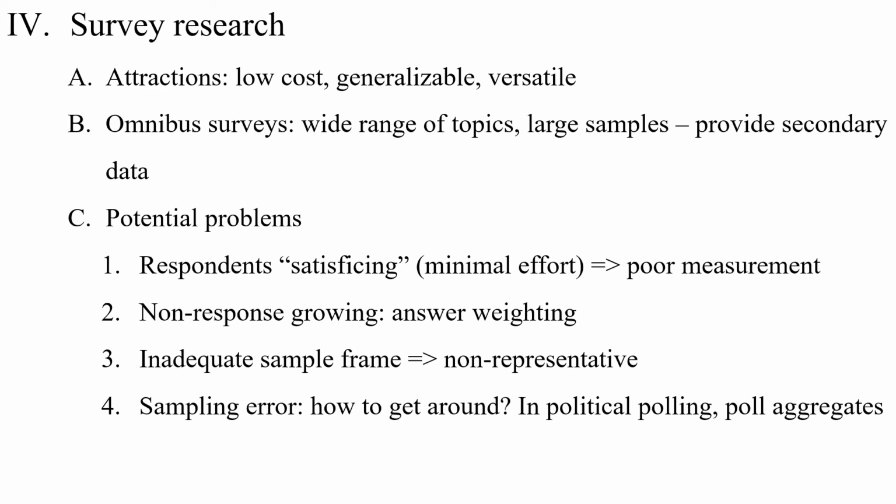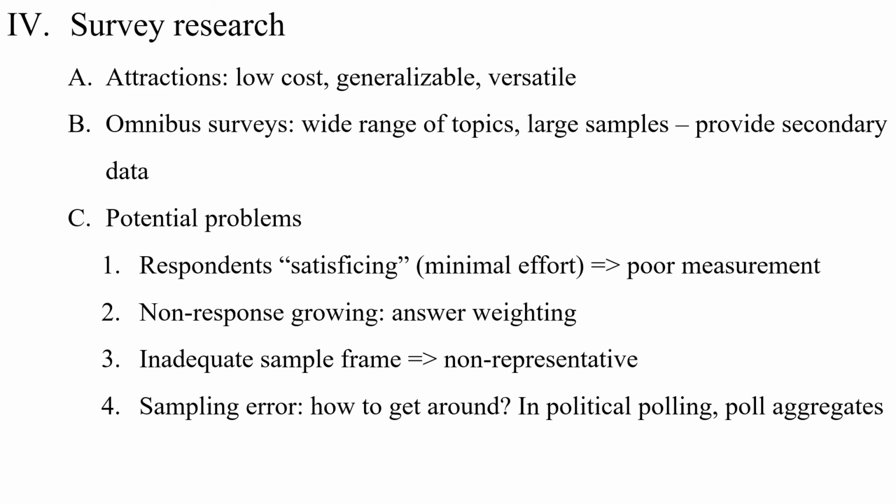So that is really hard for political pollsters, and it's increasingly frustrating for marketers. So the way you handle that is answer weighting. You weight the answers depending on the population, the kind of people you are asking. That's one way to handle non-response. There's lots of ways to handle non-response.